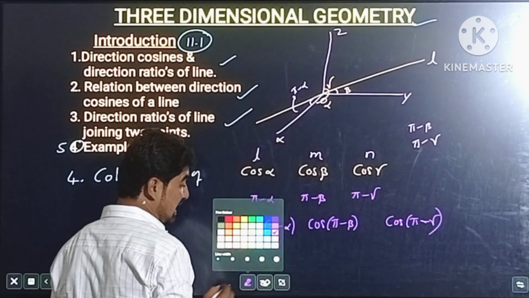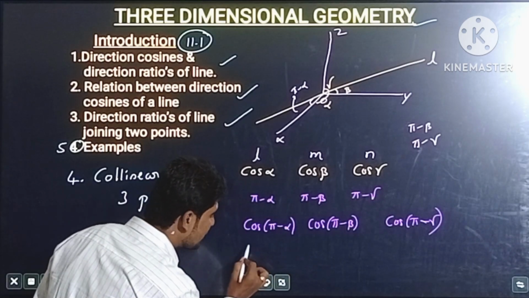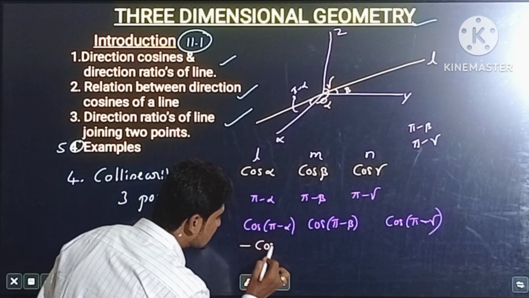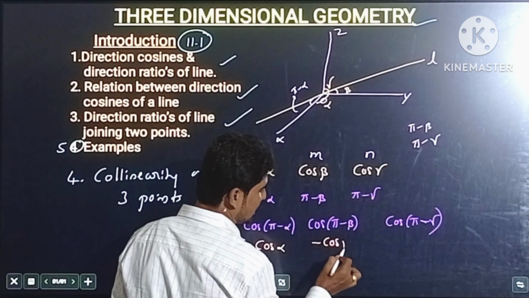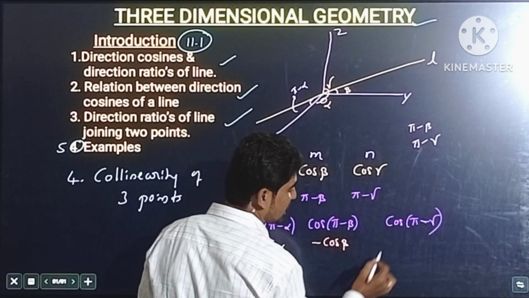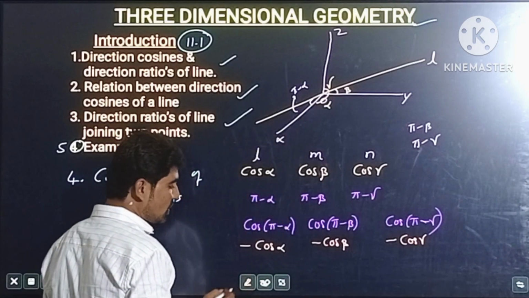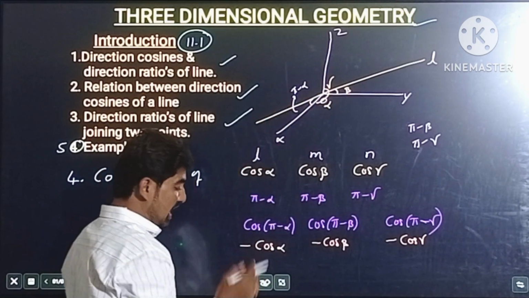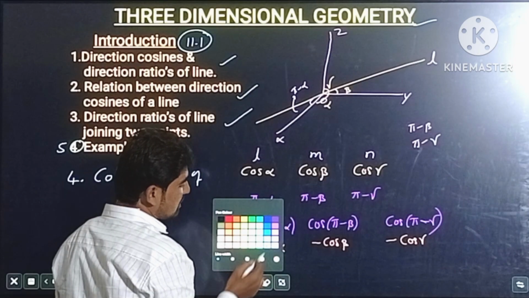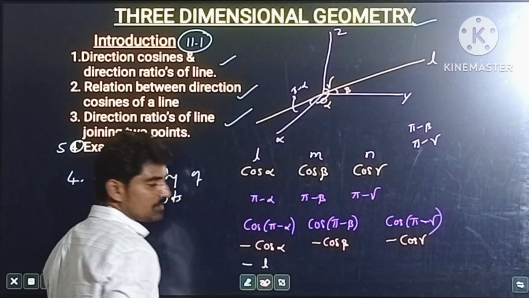By the allied angle formulas, we know that cos of pi minus alpha is minus cos alpha, cos of pi minus beta is minus cos beta, and cos of pi minus gamma is minus cos gamma. So these are one more set of direction cosines of the line L. As you know, cos alpha is denoted by l, so minus cos alpha is minus l.